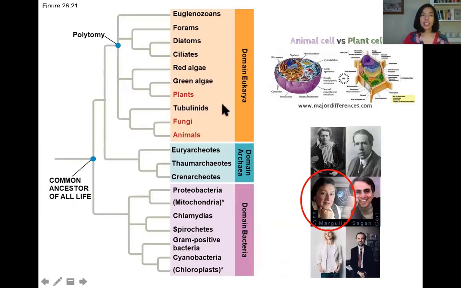This is how this phylogeny looks. The domain Eukarya, it's right here, and it includes plants, fungi, animals, and it has all of these protists that are not grouped together, but they're scattered in this part of the tree.